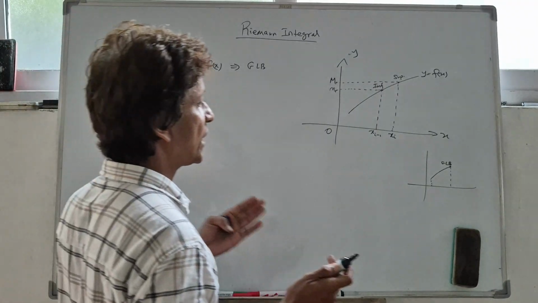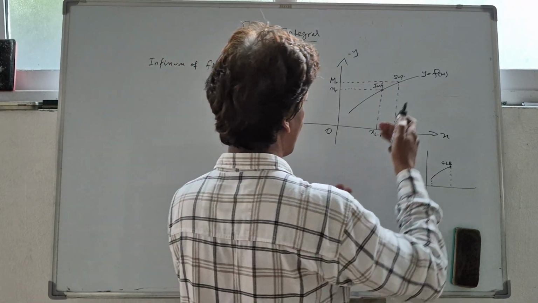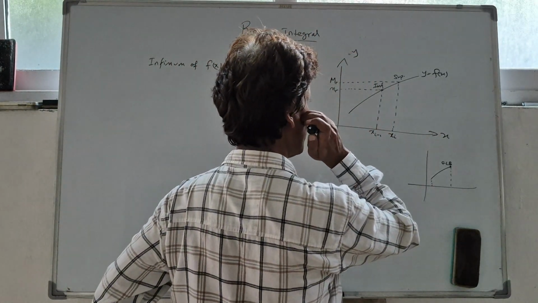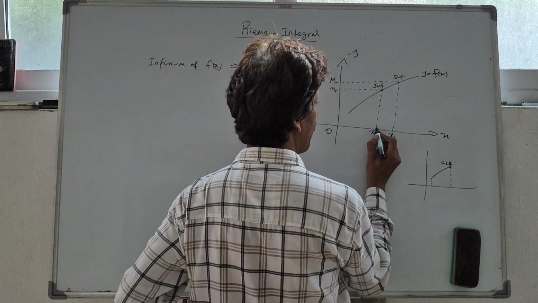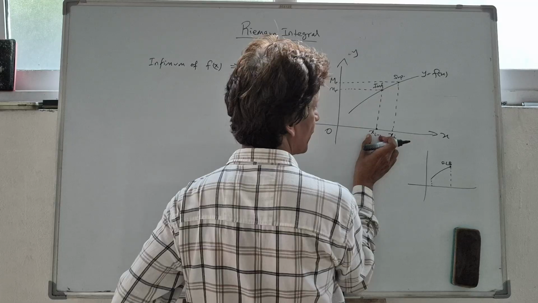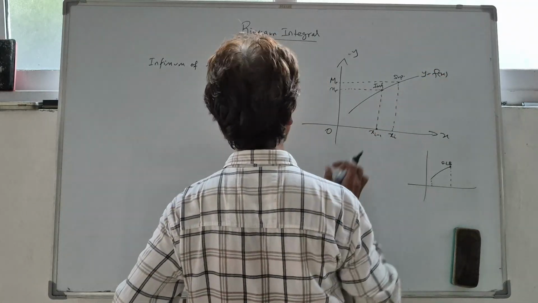And how do we find the infimum of f(x)? To be able to find the infimum of f(x), we need actually the function values. This value here is going to be substituted into the function.